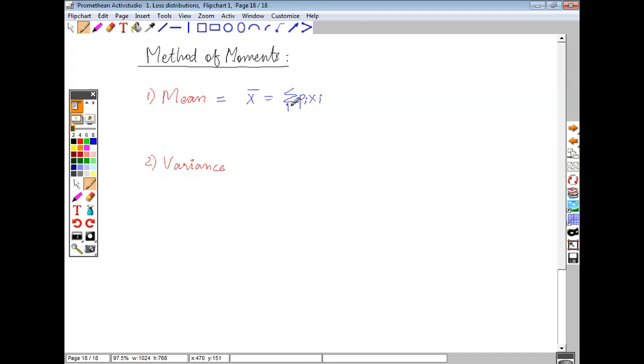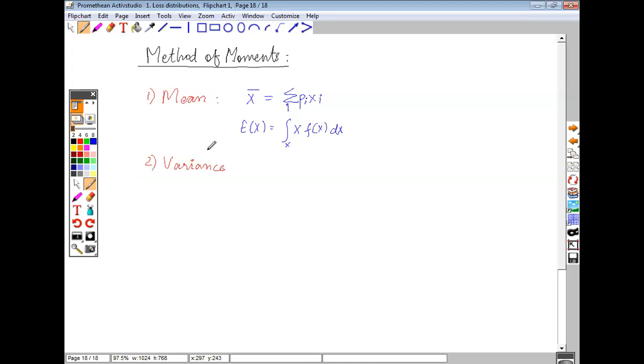And for the continuous case, you have the integration of x f(x) dx, over all the values of x that you can have. So this is how you would define the mean, and that could serve the purpose of characterizing a distribution.